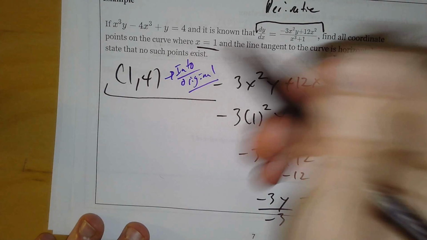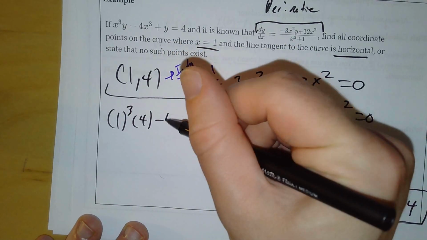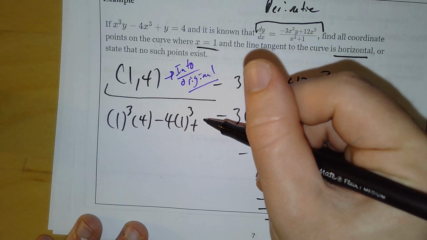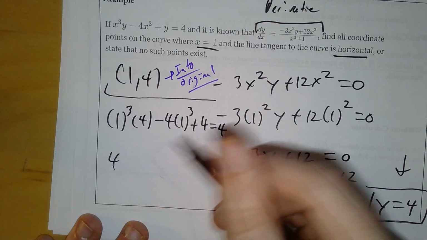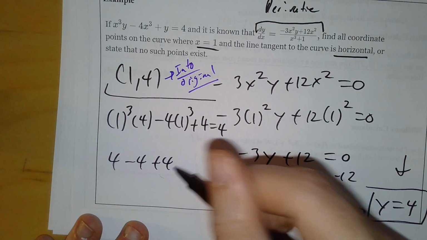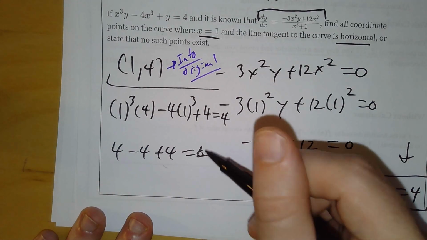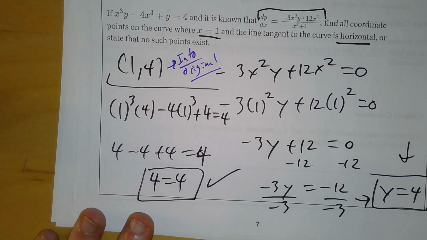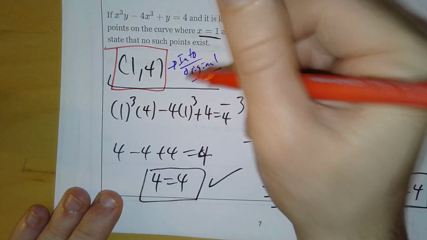It's going to be 1 cubed times 4 minus 4 times 1 cubed plus 4 equals 4. 1 times 4 is 4, minus 4 plus 4 equals 4. So these will cancel, right? That's just 0. Sorry, that's a 4. 4 equals 4. It's good. So we can say, because it works in the equation, that (1, 4) is our solution.